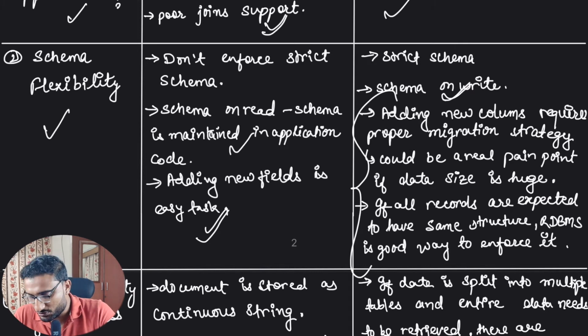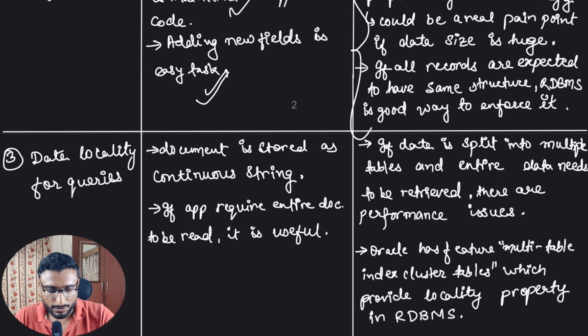So you will have to plan that kind of migration, and there can be downtime associated as well. ठीक है, you will have to introduce some kind of mechanism so that it should not impact our live application. समझ रहे हो बात?